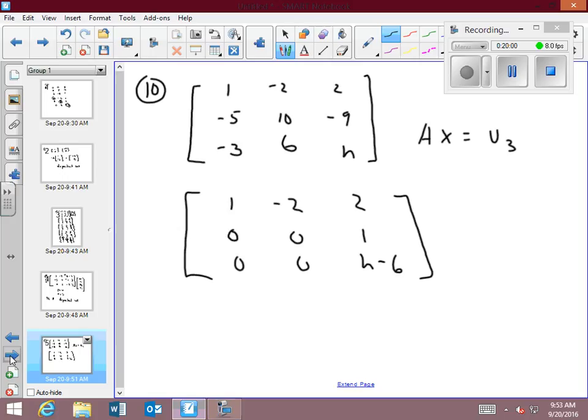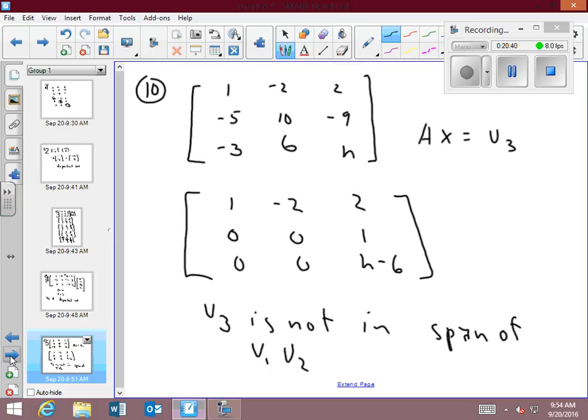You can see there's no way that we can get turning points down this. So b3 is not in the span of b1 and b2.